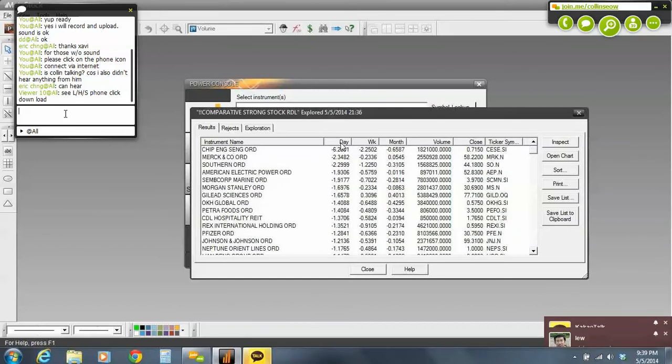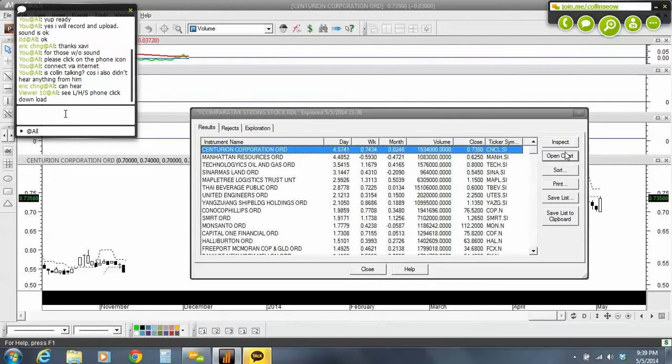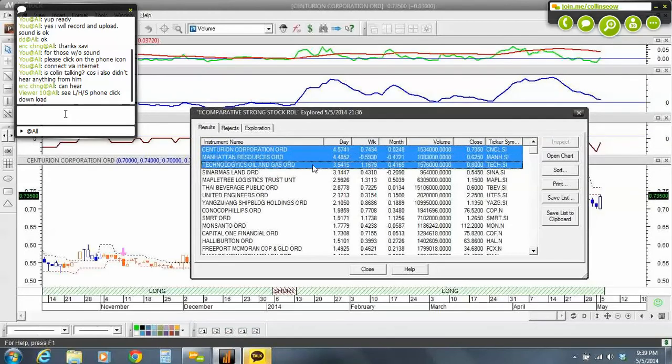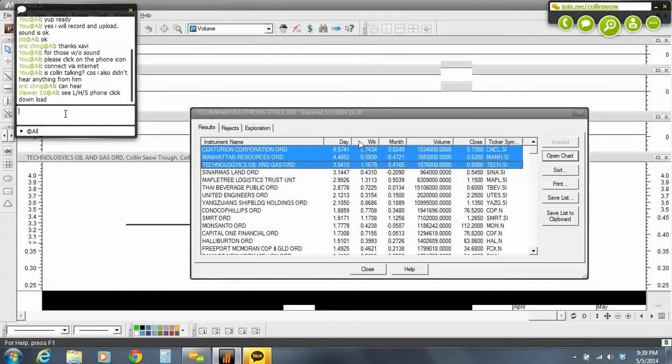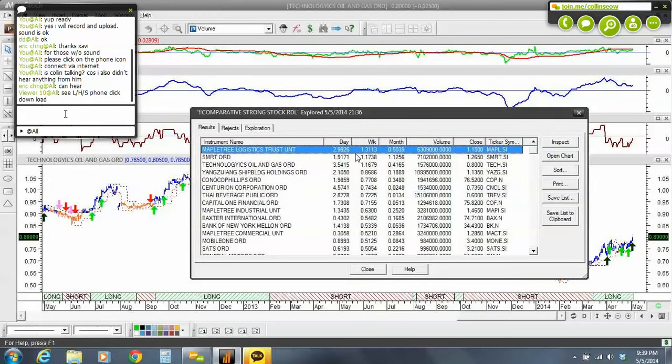So let's say, for example, I click on the day, open chart. In this list, it will tell me the strong stocks for the day. Let me just open up the top 3 charts. This is the strongest stock for the day, and also the strongest stock for the week.